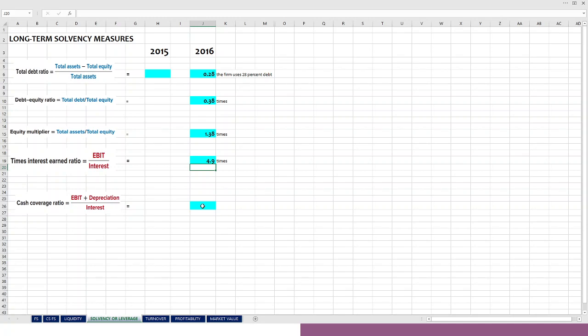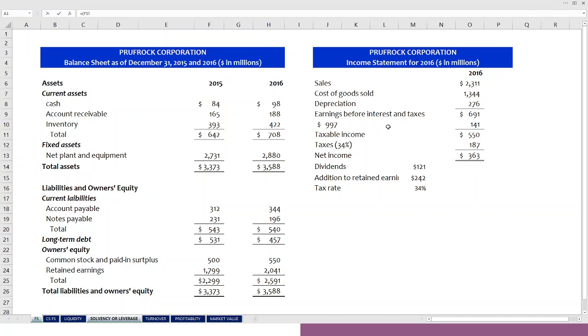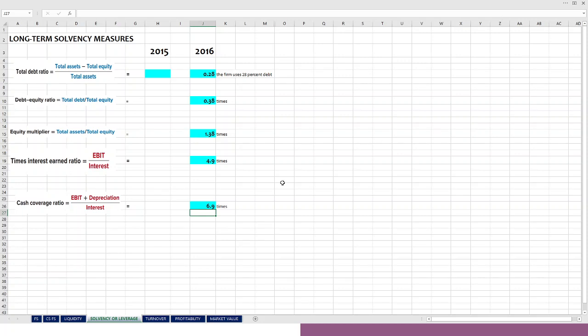Then this is EBIT plus depreciation equals to EBIT plus depreciation, we divide it by the interest. So it's 6.9 times. So this is how we compute long-term solvency measure or financial leverage.